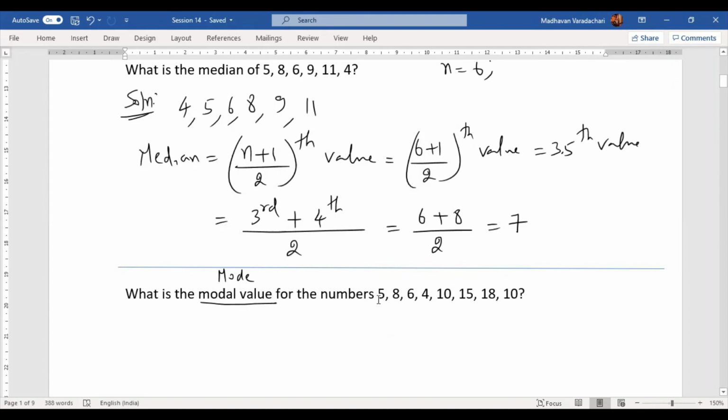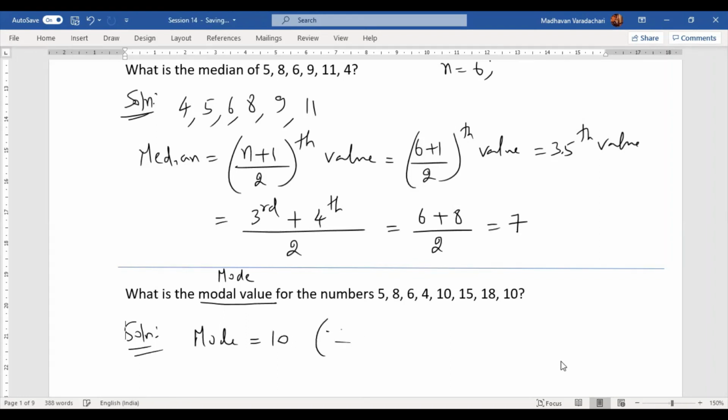We may notice that 5 occurs only once, 8 occurs only once, 6 occurs only once, 4 occurs only once, 10 occurs 2 times, 15 occurs only once, 18 occurs only once. So the only observation which occurs the maximum number of times is 10. So I can say mode for this problem is 10.